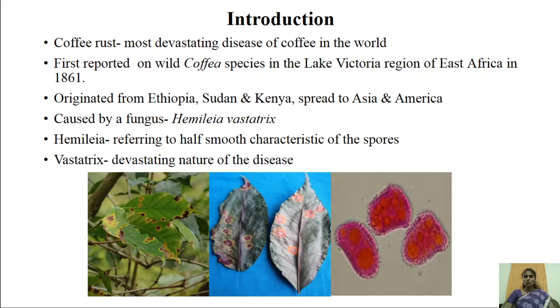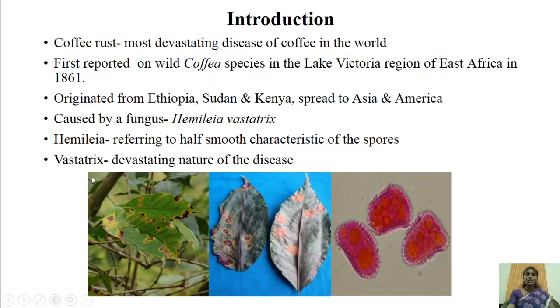Hemileia refers to the half-moon shaped smooth characteristics of the spores produced by this fungus, whereas vastatrix refers to the devastating nature of the disease. As a result of severe infection, this disease is going to cause a devastating loss to the coffee plant.